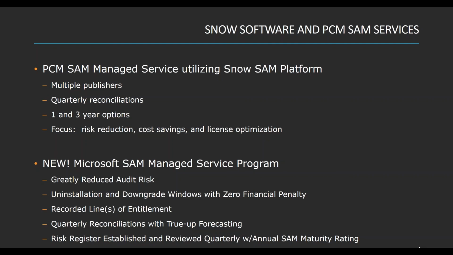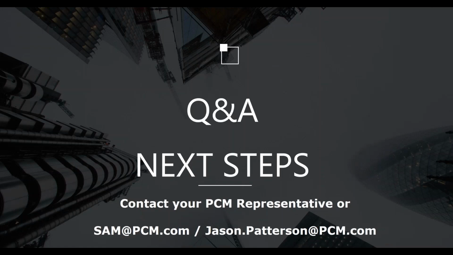So any of these programs are available to PCM customers, and we'll be happy to share with you what the capabilities are. And all of this is being provided on our Snow platform. So it's important, and we appreciate our friends at Snow that have worked with us on creating these new offerings that are helping customers really all over the world with dealing with not only compliance but also cost optimization.